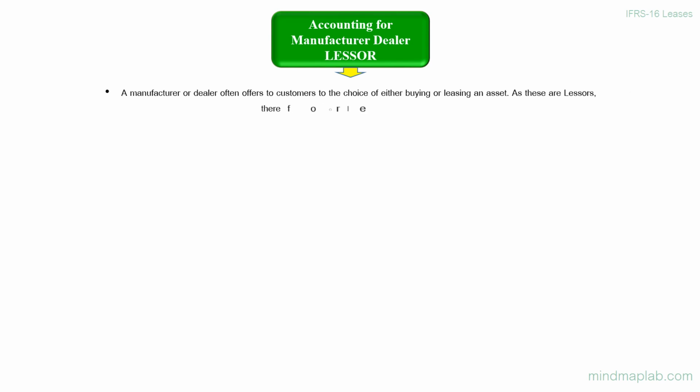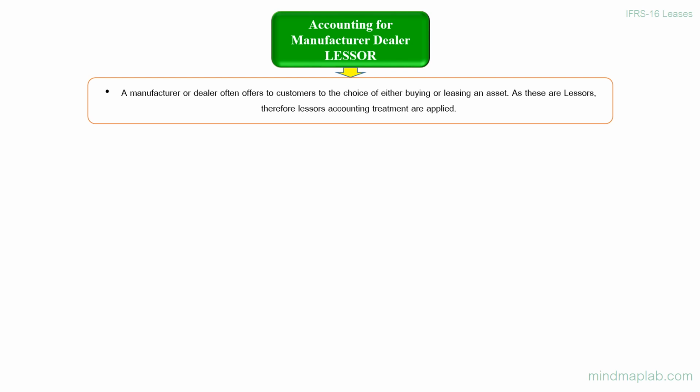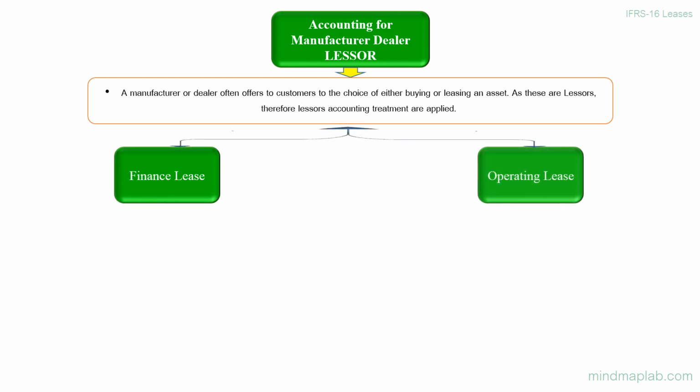Accounting for manufacturer dealer lessor. A manufacturer or dealer often offers to customers the choice of either buying or leasing an asset. As these are lessors, therefore lessor's accounting treatment are applied. Lease for manufacturer dealer lessor results in finance lease or operating lease. Finance lease.